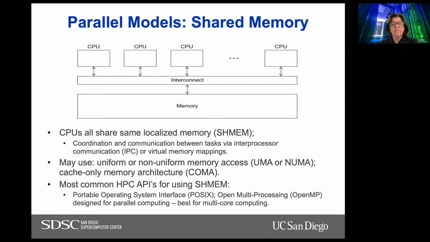But the shared memory means there's some local memory that they all have a really high speed interconnection access to, and the data is read and written locally, you don't have to do any message passing. So OpenMP, parallel threaded processes, those are shared memory.